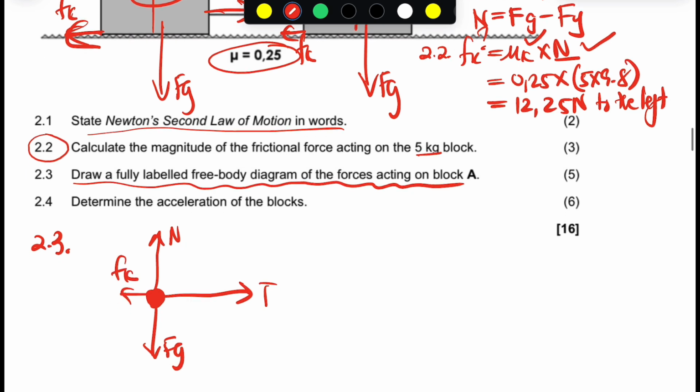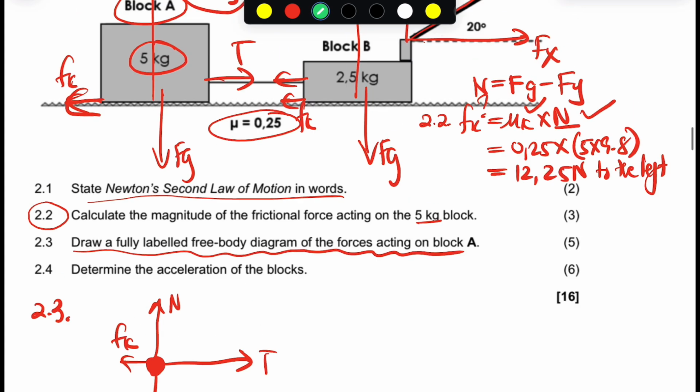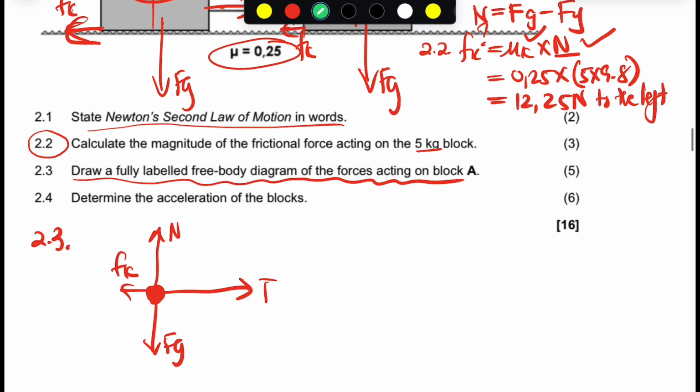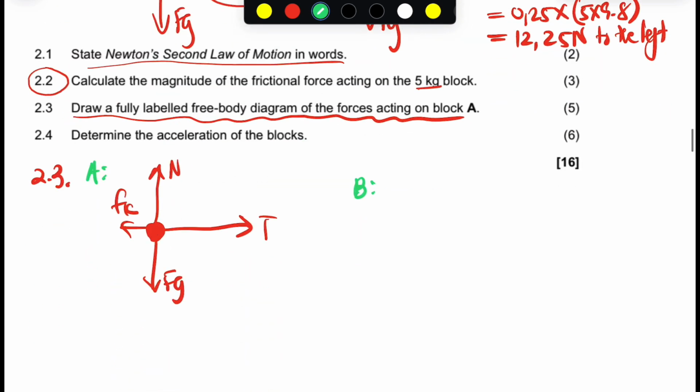Okay, guys, since we are not asked, I'm going to do the free body diagram of block B. This is block A, but I'm not answering the question. So block B, the free body diagram there, is going to have a normal force and a gravitational force. I'm going to do the one that has components.